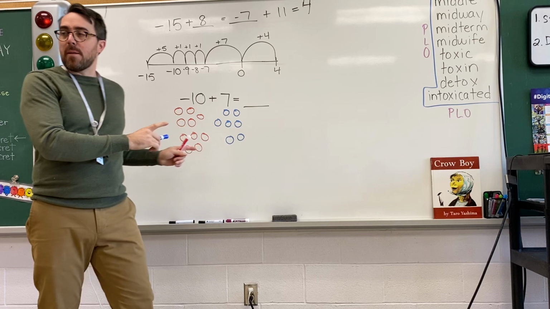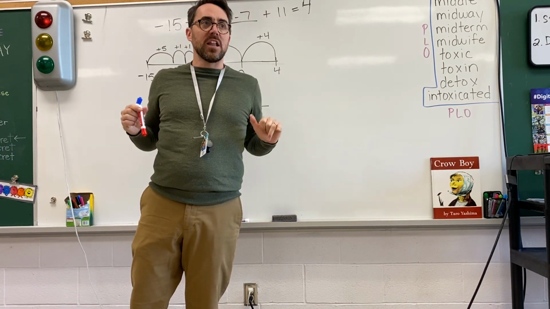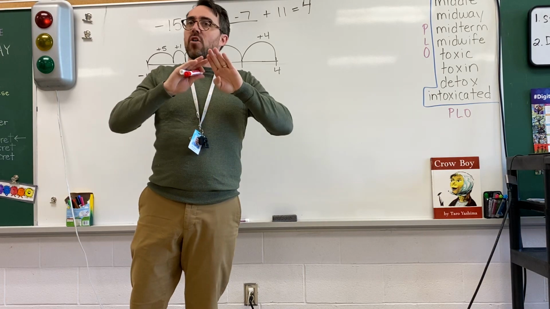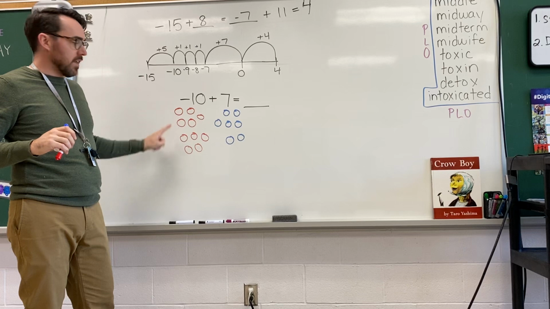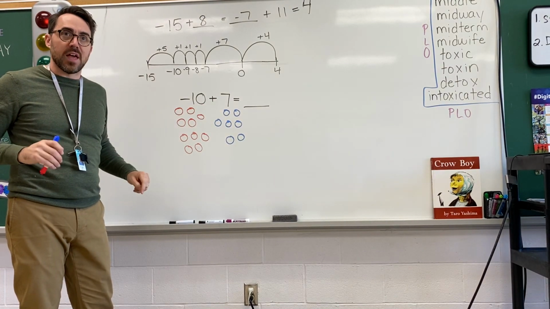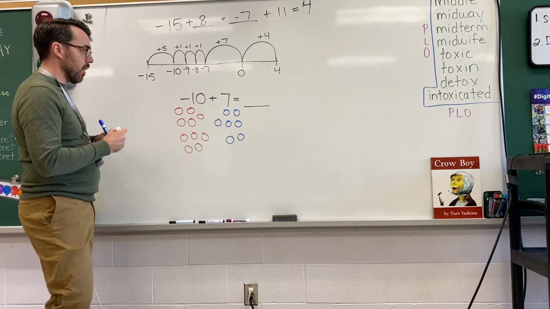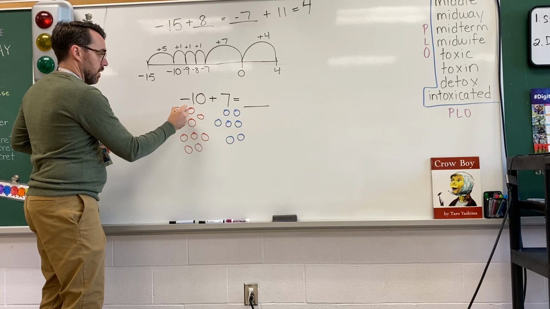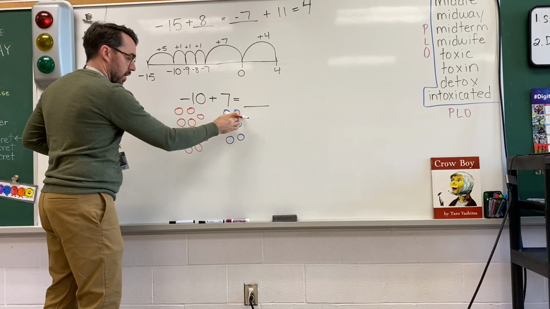This number line sometimes gets confusing, okay? Modeling with counters is always going to give you the answer. I pick negative color, I pick positive color, and now I do this. I have to even them out, okay? So, I can already see that these two cancel each other out.